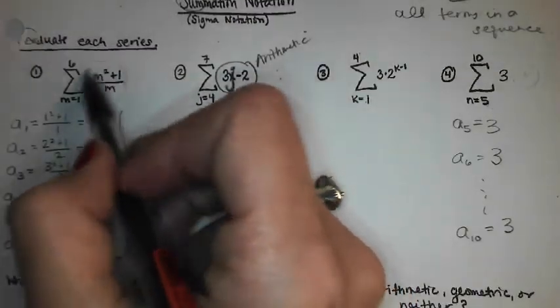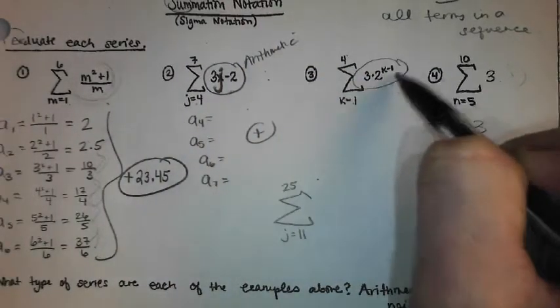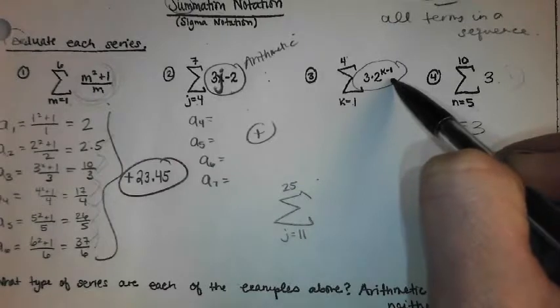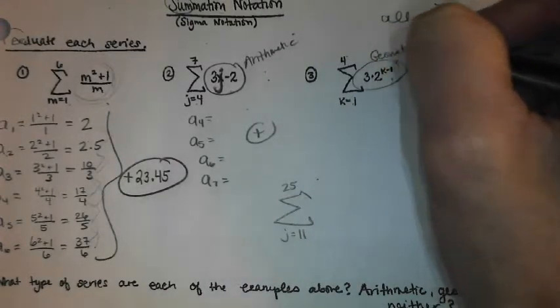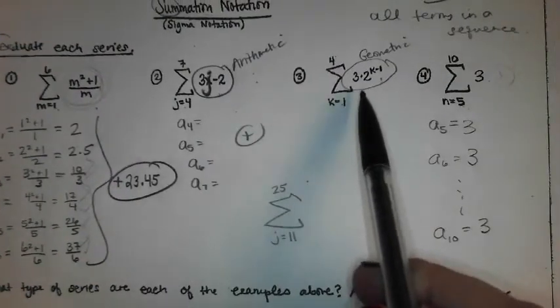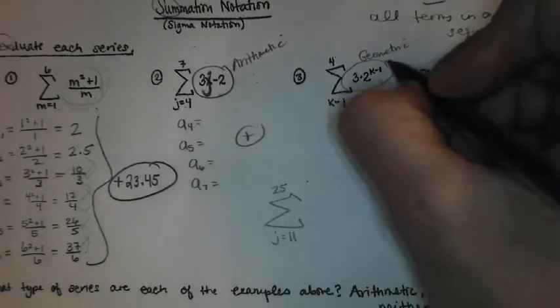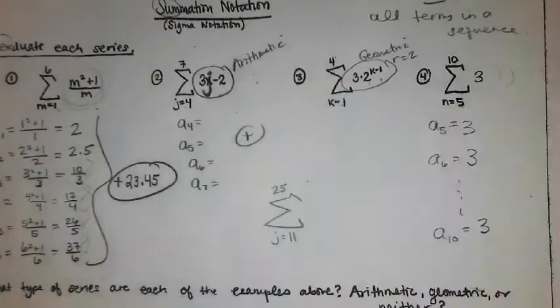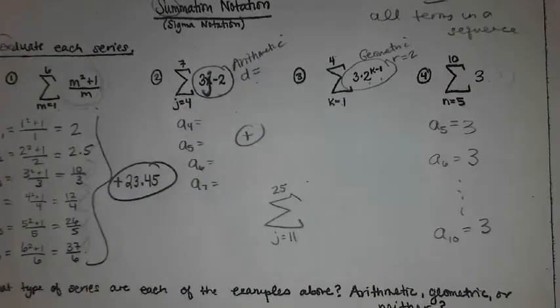This one's not linear and it's not exponential. What's this one? Geometric, because the variable is in the exponent. Do you know what this keeps multiplying by every time? What the common ratio is? 2. Very good. R equals 2 because that's the base of your exponent. Do you know what the common difference was back in number 2?